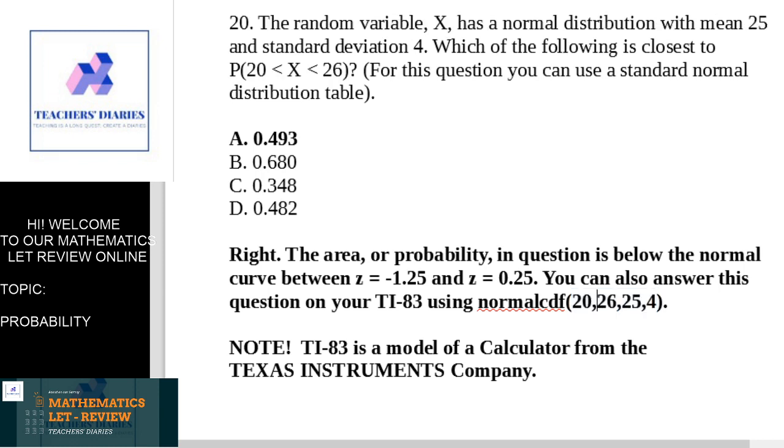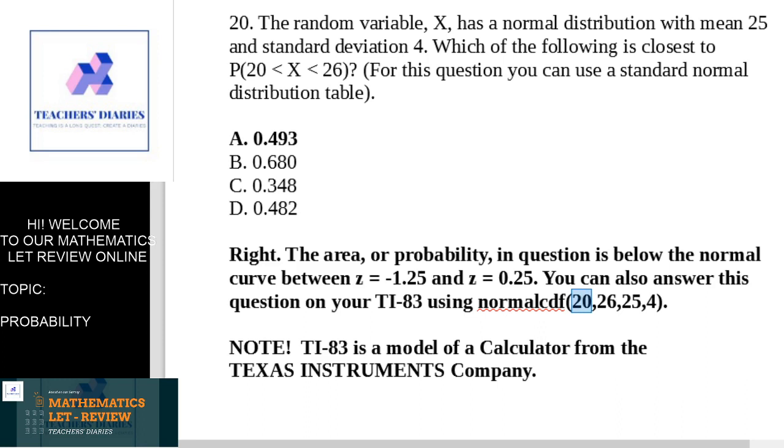This 20 here is from the problem: P of x is greater than 20, then P of x is less than 26. So the lower limit here is 20.